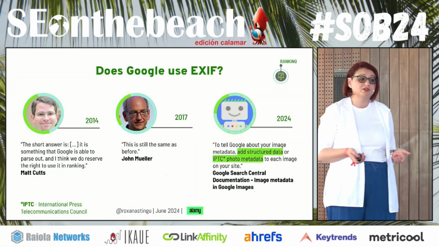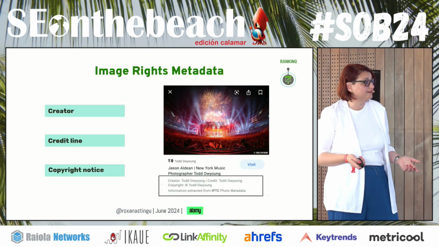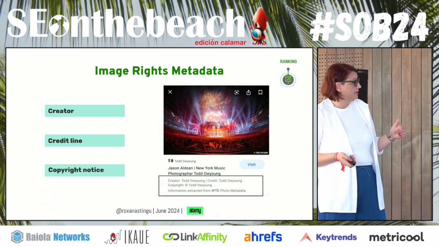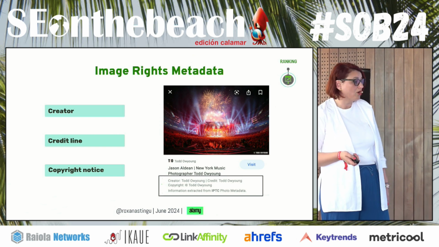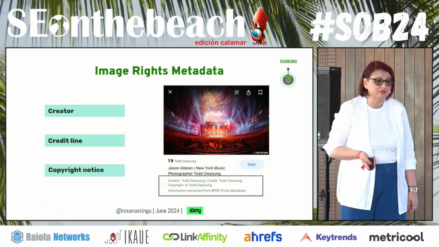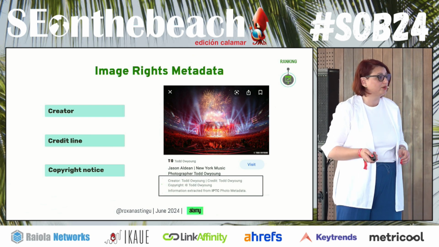They actually mention IPTC. That's a different type of metadata for images, and this one is more about image rights. So you can get information like creator, credit line or copyright notice right under your image when you preview it in image search. So that's what Google pulls from your metadata embedded in your image.